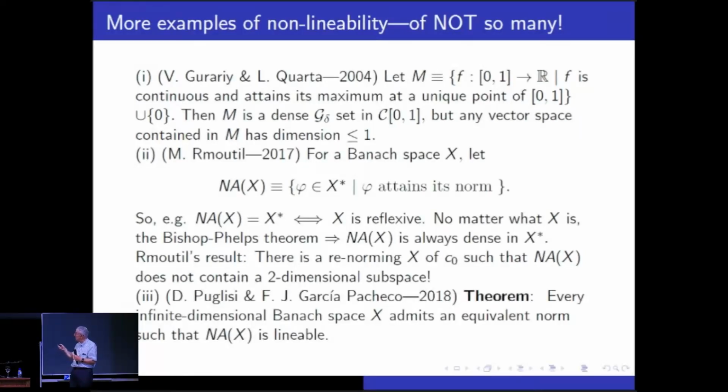Now, I should mention a result of Daniel and Paquito from their youth, which is that every infinite dimensional Banach space admits an equivalent norm such that the norm attaining set is lineable. And what I don't know, but maybe I bet Paco or Daniel know, is whether there's the same kind of result where NA(X) is not lineable. I don't know that, but maybe they do.